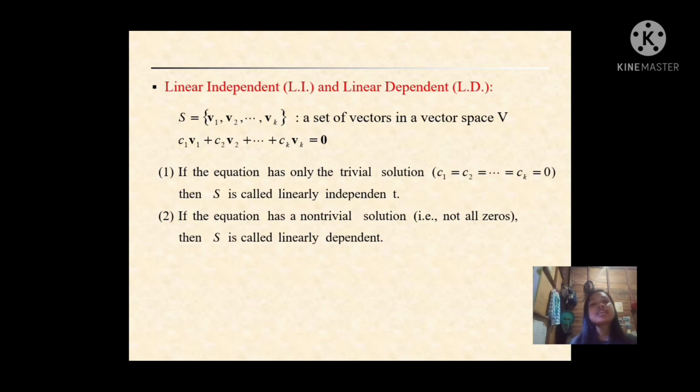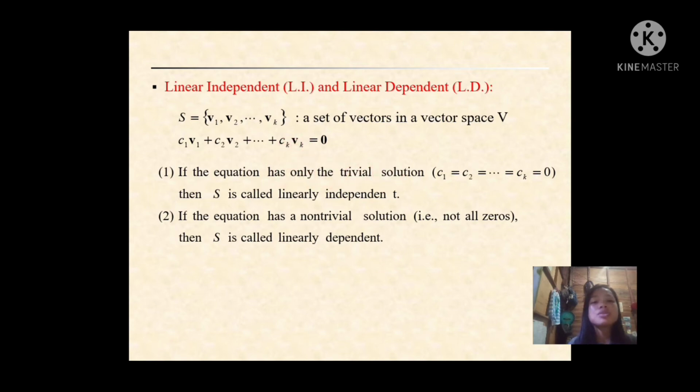Linearly independent or LI, and linearly dependent or LD. S, the set V sub 1, V sub 2, up to V sub k, is a set of vectors in a vector space V. Consider C sub 1 V sub 1 plus C sub 2 V sub 2 plus up to C sub k V sub k equal to 0.